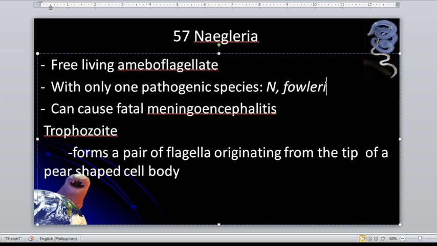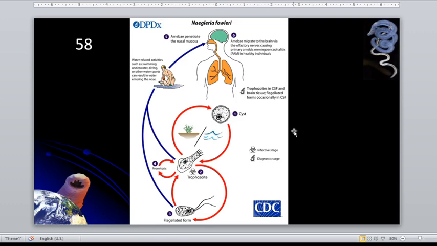The trophozoite forms a pair of flagella originating from the tip of a pear-shaped cell body. Okay, so here this is the trophozoite form. This is the flagellated form. So that is the disease form. Now we discuss the life cycle of Naegleria fowleri.